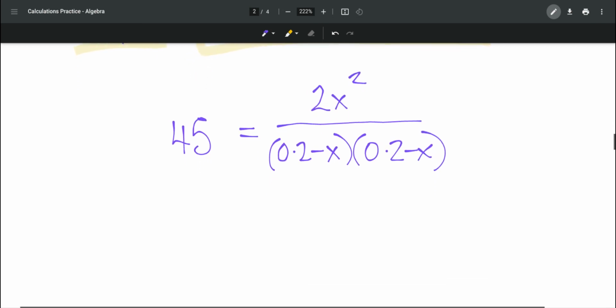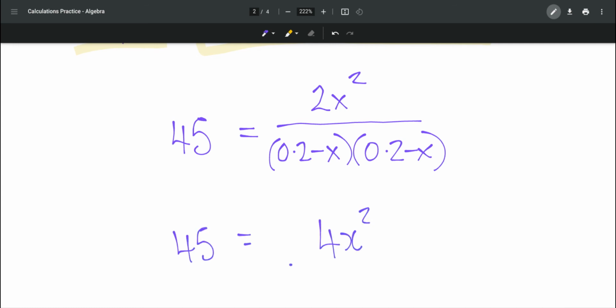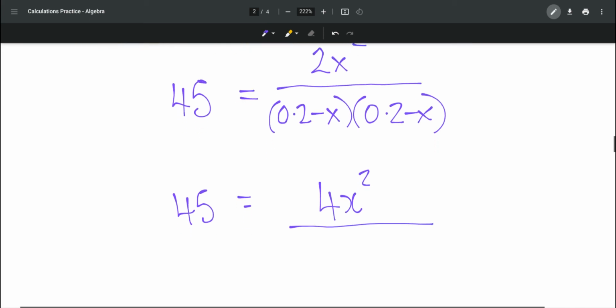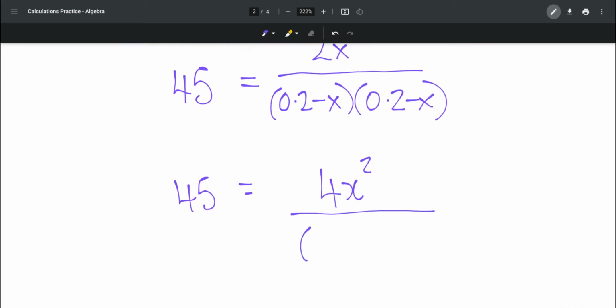Okay, we can shorten this down to 45 equals 4x squared divided by 0.2 take away x squared.